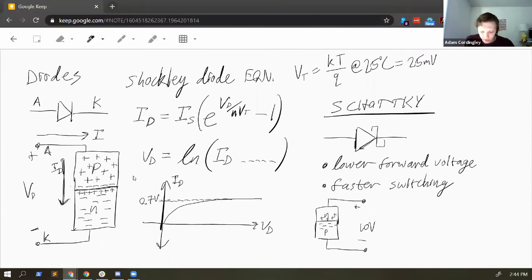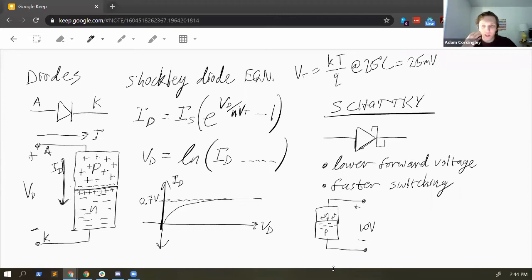It means that when we then flip the voltage around and forward bias it, all those charge carriers have to switch places in order for the diode to be forward biased. And that takes time. On the scale of things, it's not much time. We're talking tens of nanoseconds, maybe hundreds of nanoseconds.